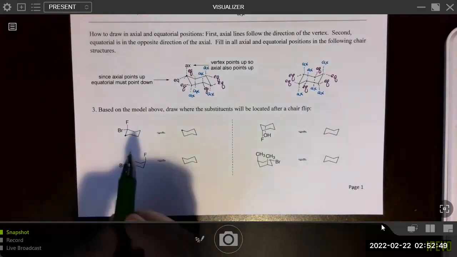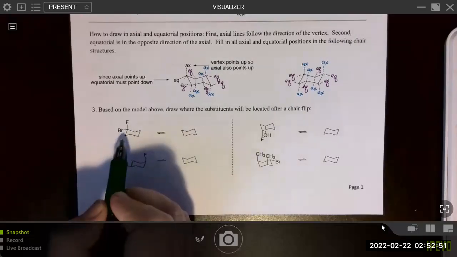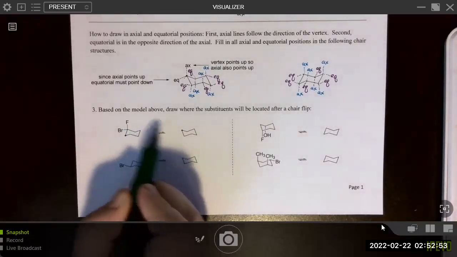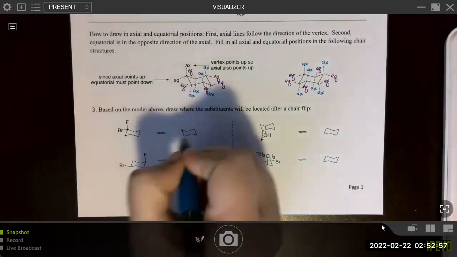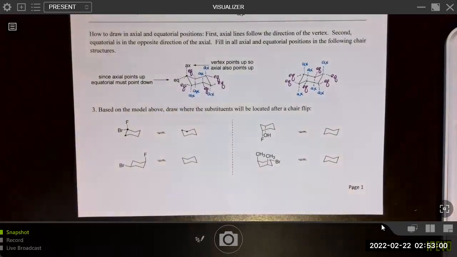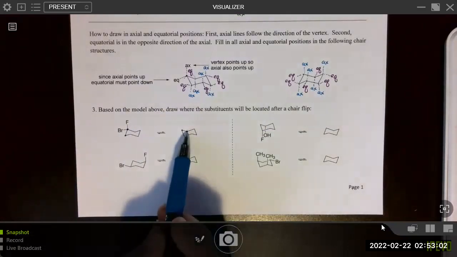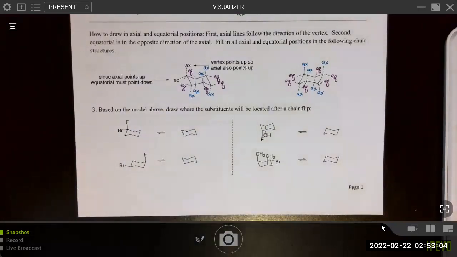So if this carbon is this carbon, then we go clockwise one, that will end up being such that the blue carbon here that we're looking for is now here. So this is the carbon that's going to have both the fluorine and the bromine.